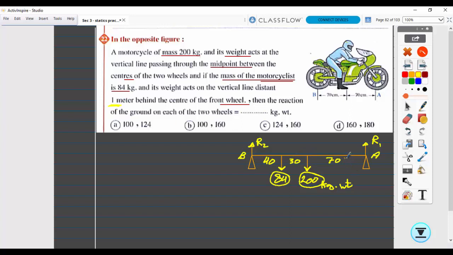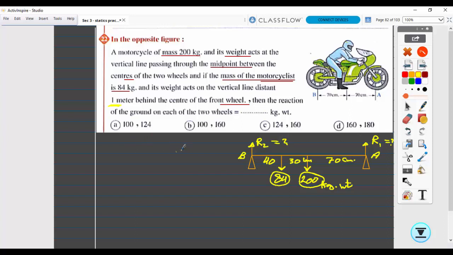So here we have 70 centimeters plus 30 centimeters equals 1 meter, as 1 meter equals 100 centimeters. So the distance between the weight and the wheel B equals 40 centimeters. The required here is to find R2 and R1.